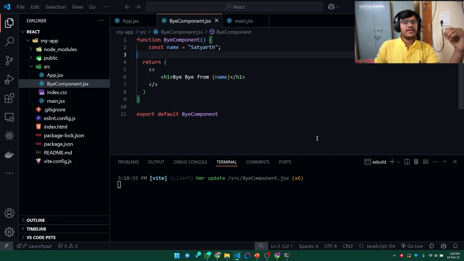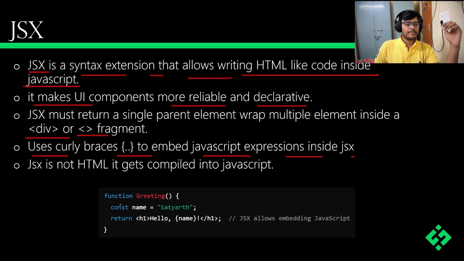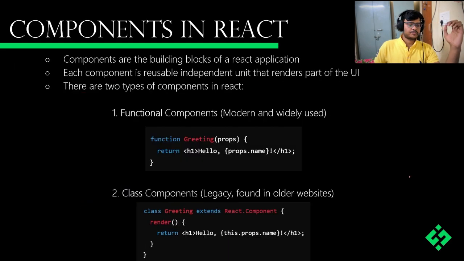It was declared as a JavaScript variable, and now we can use this variable within the HTML itself. This opens the gate to using different states, like state management, variable management, and interactive websites with the help of this feature.